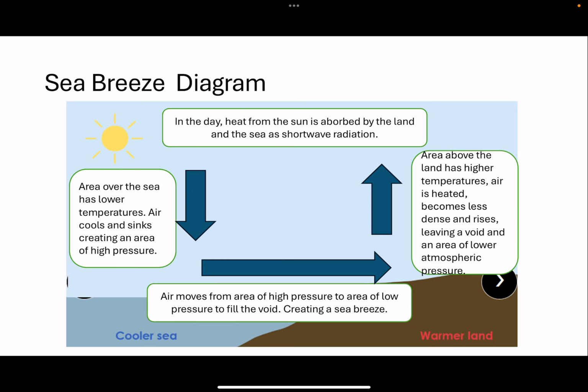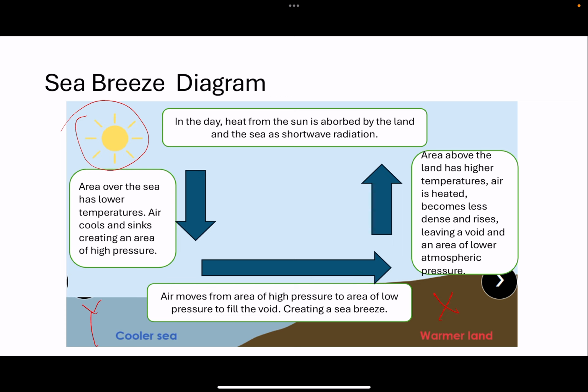Okay, so sea breeze diagram, right? Sea breeze coming from the sea. If you can remember this diagram, this was how we started off discussing wind formation using local winds. So when you're looking at sea breeze, always remember one of the key things we're looking at is time of the day. It's in the sun, and you're looking at the difference between location X and location Y, the difference in material type of surface, and consequentially the rate at which they are able to absorb and lose heat.